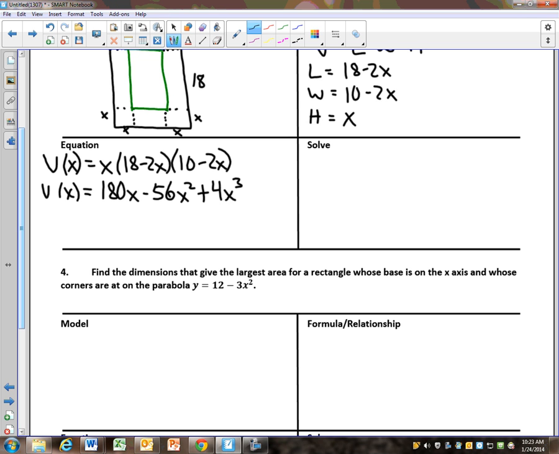So now we have a function for volume in terms of x. X is also just the same as the what? Same as the height of that box, okay? So, you could write V of h as well. What shape does this make? Yeah, it's a cubic. Is it right side up or upside down? Right side up. What is the y-intercept?